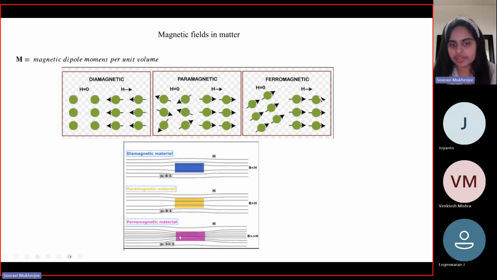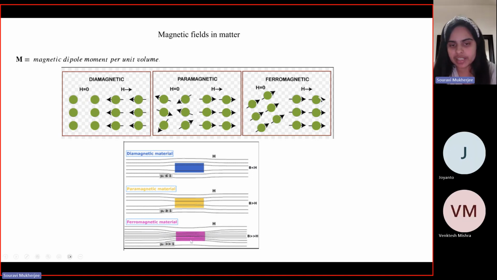In this case, the field lines become intensely dense when you put a ferromagnetic material in an applied magnetic field region. The field lines come closer, so inside the ferromagnetic material the field strength is much larger. So mu r is much, much greater than 1.